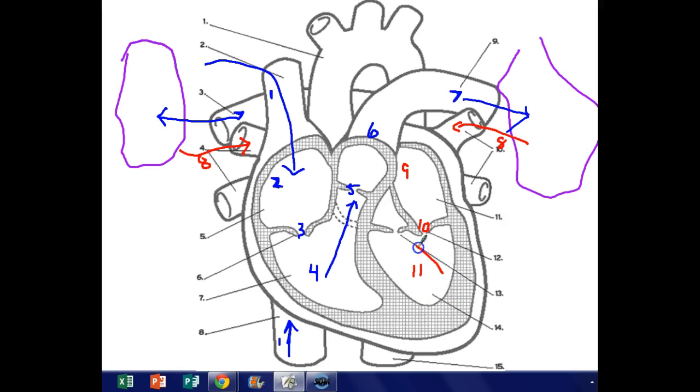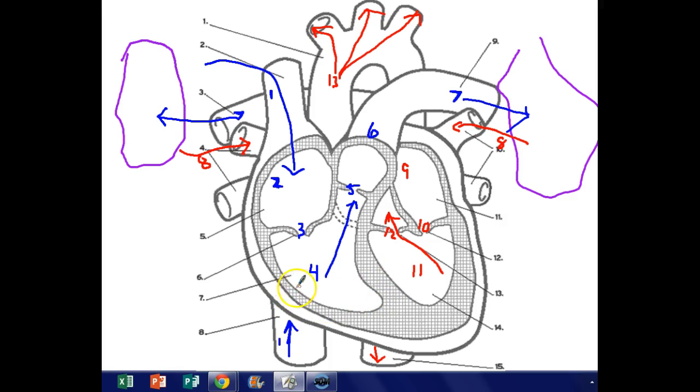This pumps blood out this way through this valve, which is our aortic semilunar valve, to the aorta. There's branches off the aorta, so blood that has oxygen in it shoots out to the rest of the body in this direction and to the rest of the body in this direction.